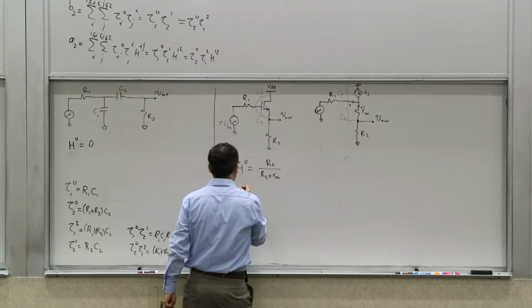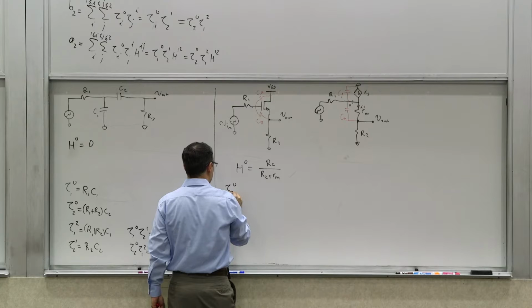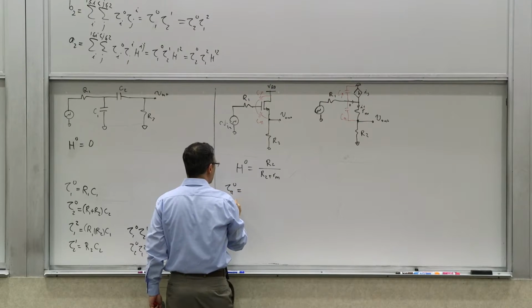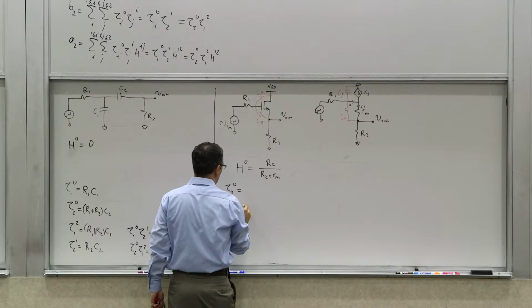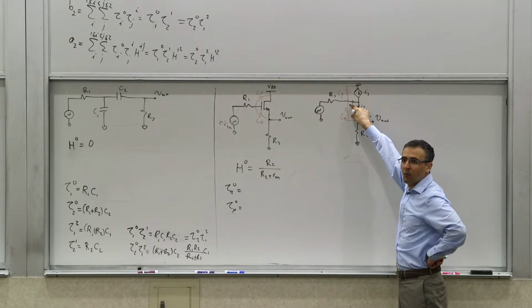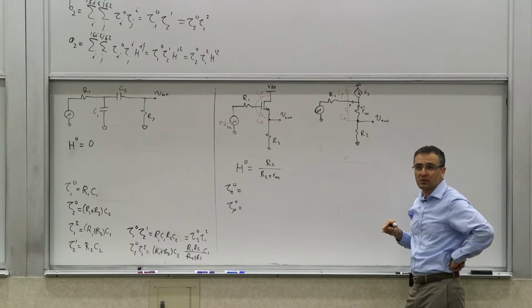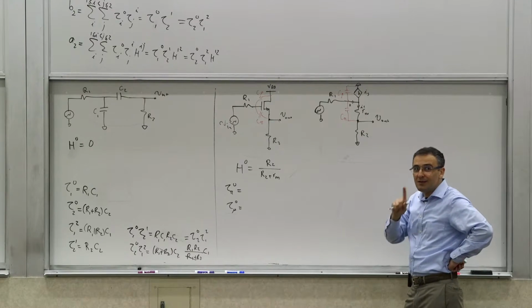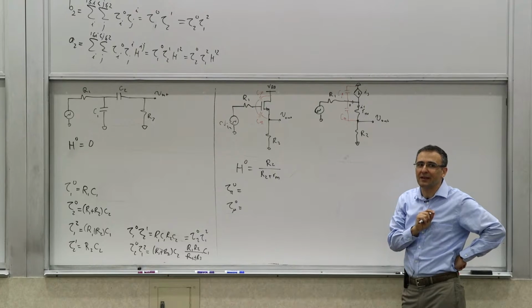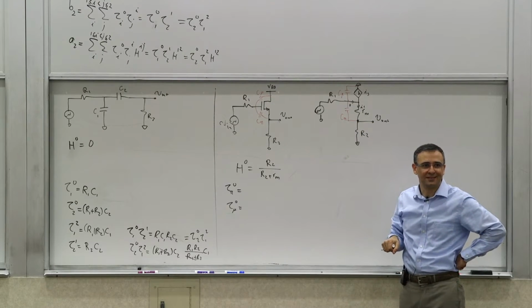OK, so now let's calculate the other ones. Tau pi 0 and tau mu 0. So what is tau pi 0? What is the resistance seen across here when the other capacitor is not there, it's open circuited? Not exactly. This is where you have to be very careful, because there's current going also in this direction, right?